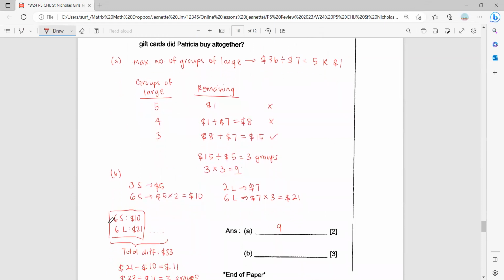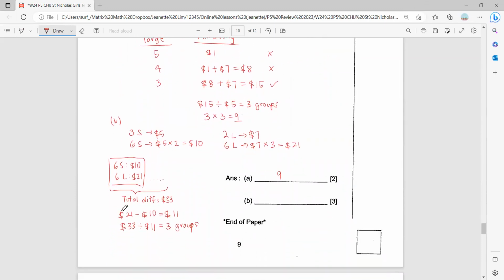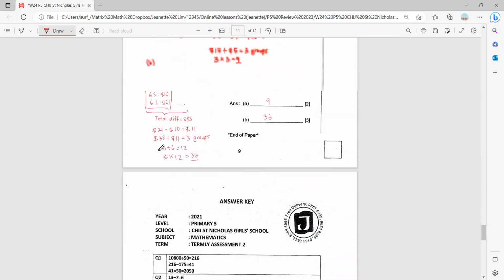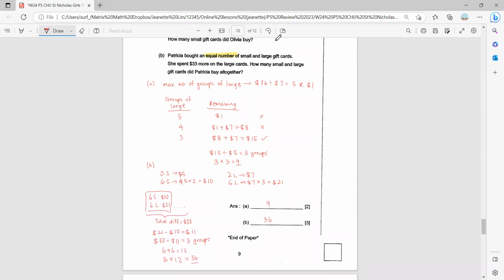Large and small in one group, there's 6 plus 6 equals 12. So if there are 3 groups, I'll take 3 times that. So in total, there are 36 cards that Patricia bought. Okay, with that, that's the end of this paper. Thank you.